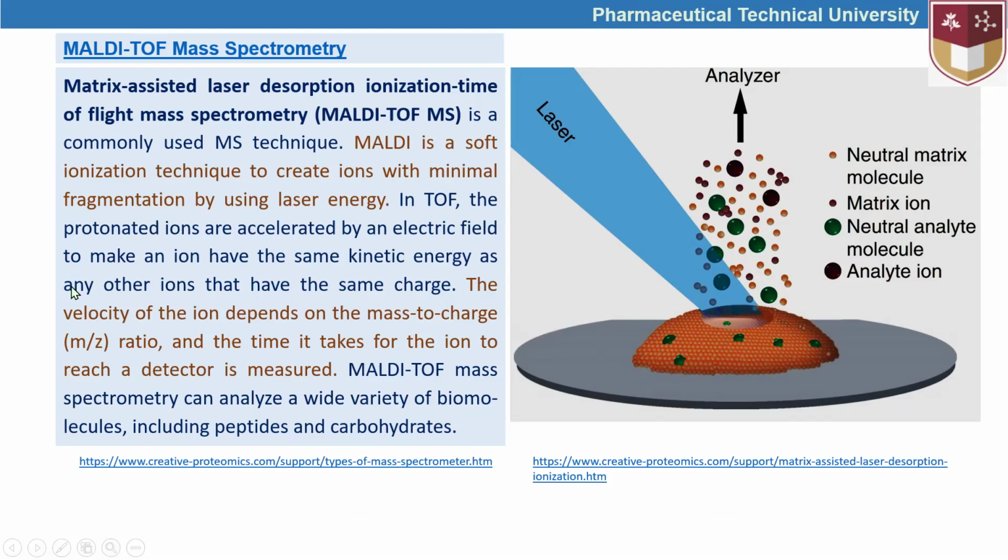In TOF, the protonated ions are accelerated by an electric field so each ion has the same kinetic energy as any other ions with the same charge. The velocity of the ion depends on the mass to charge ratio, and the time it takes for the ion to reach a detector is measured.